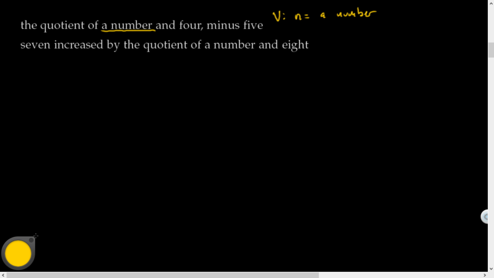So quotient, what operation do you guys think quotient means? The one that starts with Q. Quotient. All right. Quotient means division. I'm going to use a fraction bar at this point. And in division, the order matters. So the quotient of a number and 4, these are my 2 inputs.